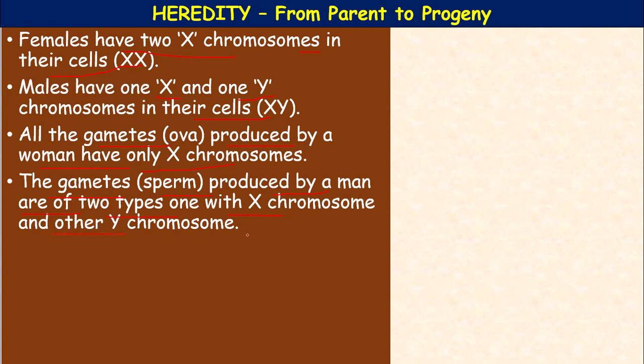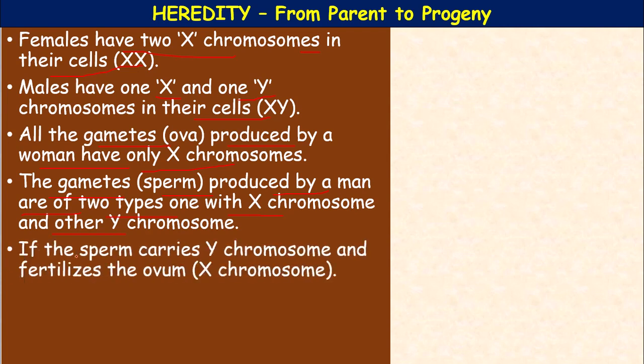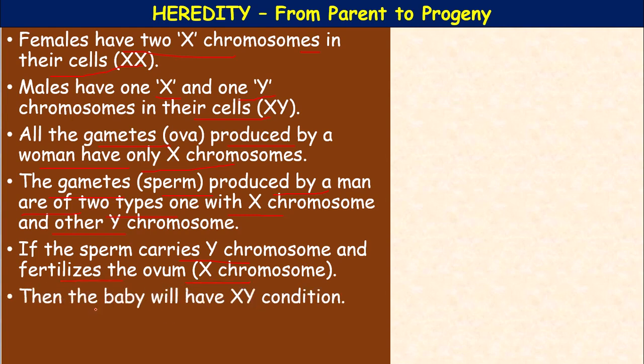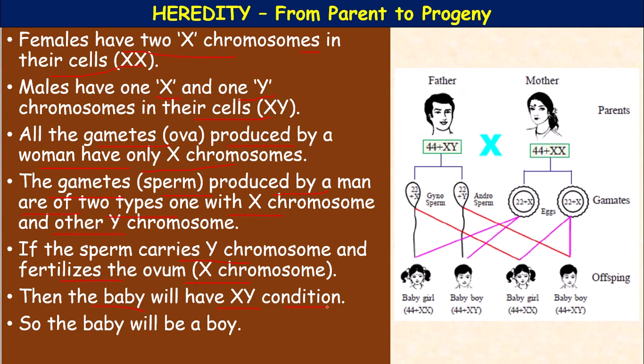Some of the sperms may be with X chromosome and some with the Y chromosome. If the sperm carries the Y chromosome and fertilizes the ovum with X chromosome, then the baby born is a male baby, that is the X and Y combination. So, the baby will be a boy.